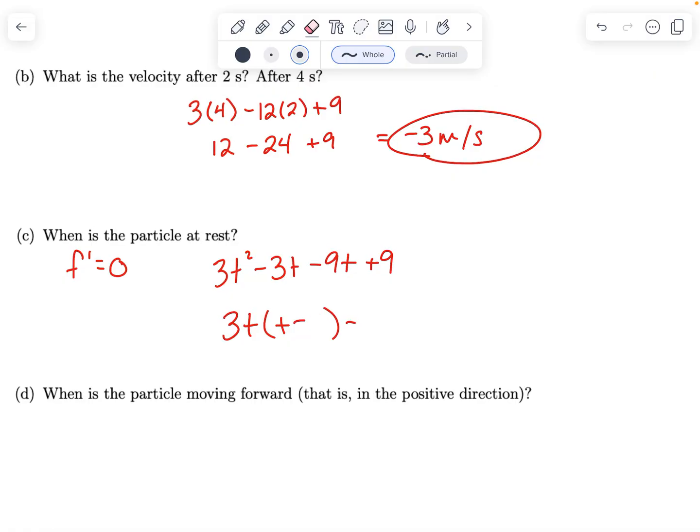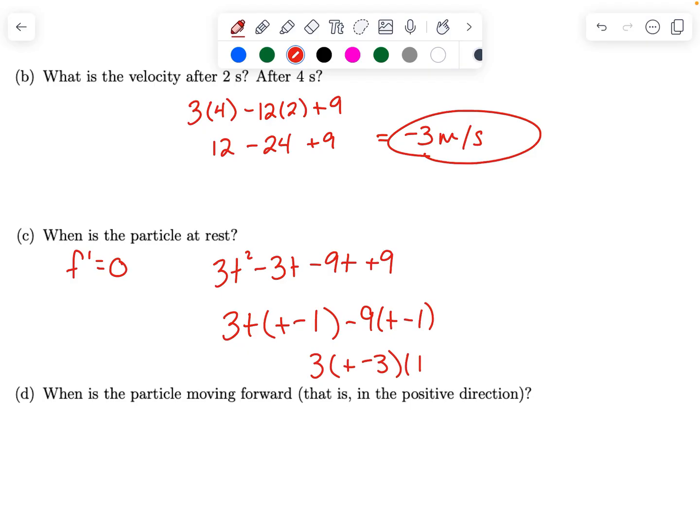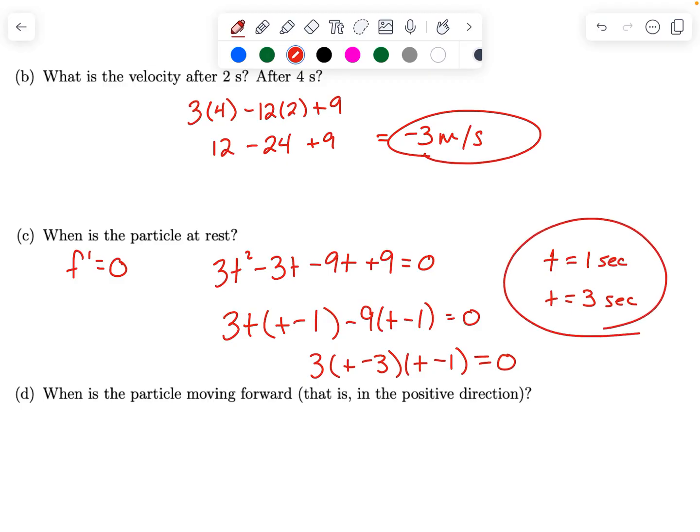Okay, I need to slow down a little bit here. And then it's 3, t minus 3, t minus 1 equals 0. So my 2 times are 1 and 3 seconds. At 1 second and 3 seconds, our particle is at rest.